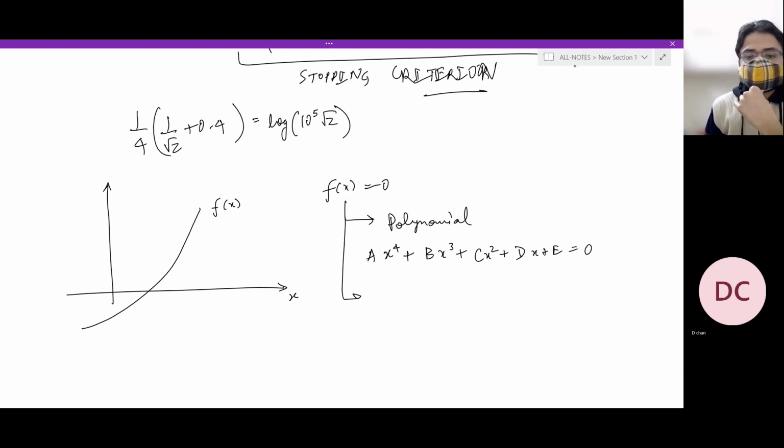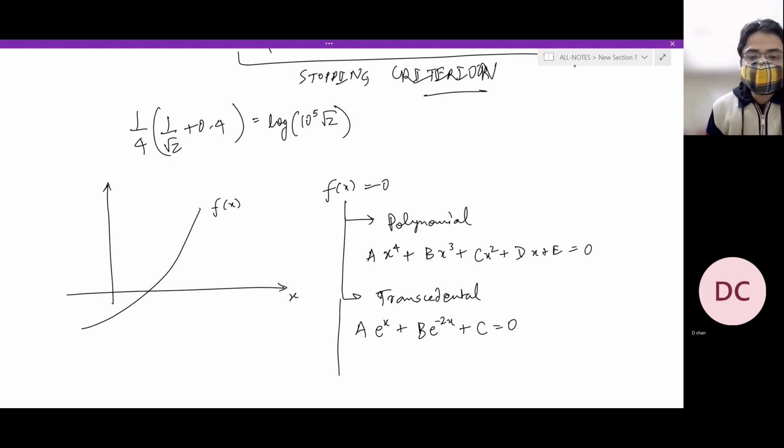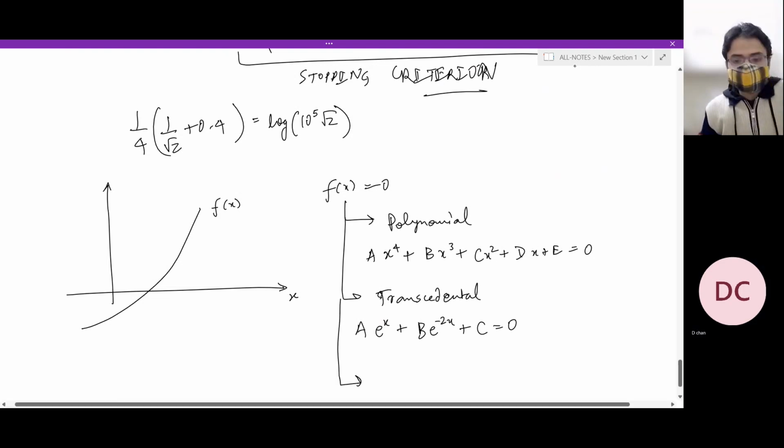Or it could be of some transcendental form, something like e to the power x plus a to the power x plus b e to the power minus 2x plus c equals 0. Or it could be something else.